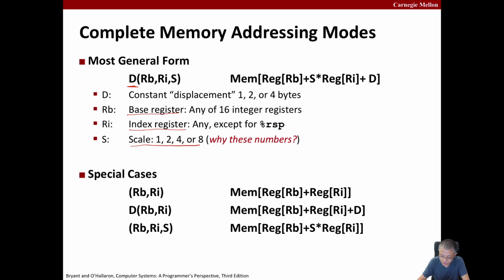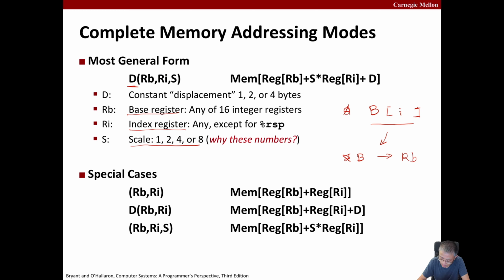Think about the case of addressing an array. Say you have an array B, and we have an index. If we try to convert this into assembly, we have the address of B in the base register. So we load the address of B into our base register.